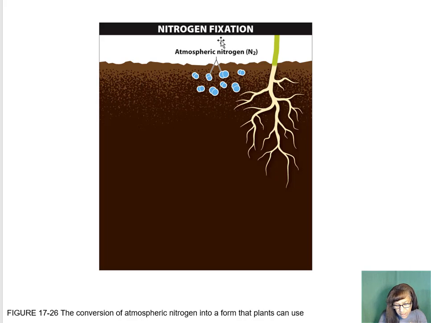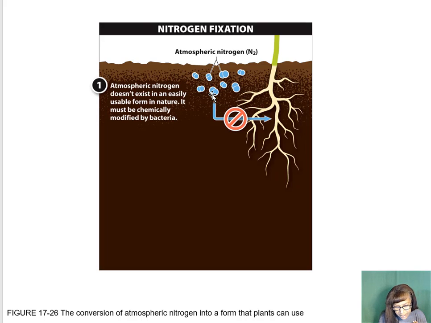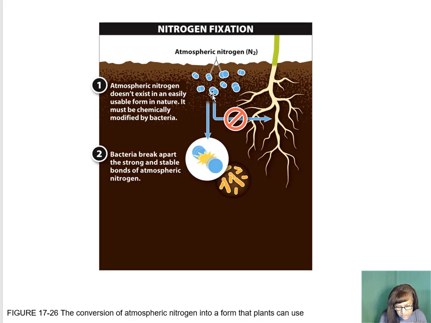So here we've got atmospheric nitrogen. And atmospheric nitrogen doesn't exist in an easily usable form in nature. It must be chemically modified by bacteria for plants to use it. And so bacteria break apart the strong and stable bonds of atmospheric nitrogen.